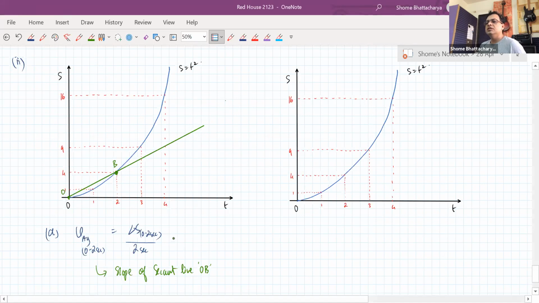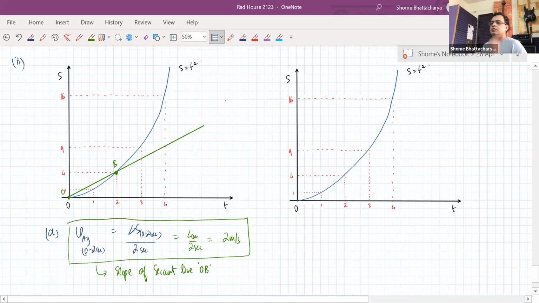As you can see, the distance traveled is 4 meters in an interval of 2 seconds. So the average speed would be 2 meters per second. This would be the answer of the A part, the first part.